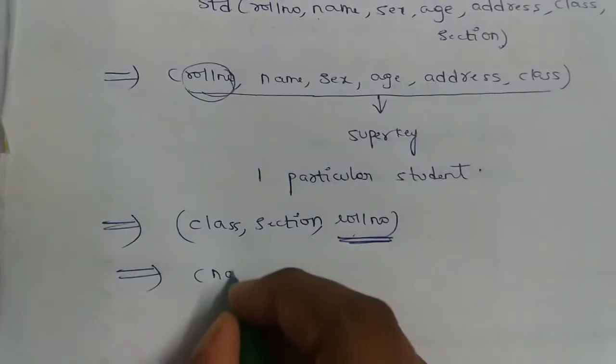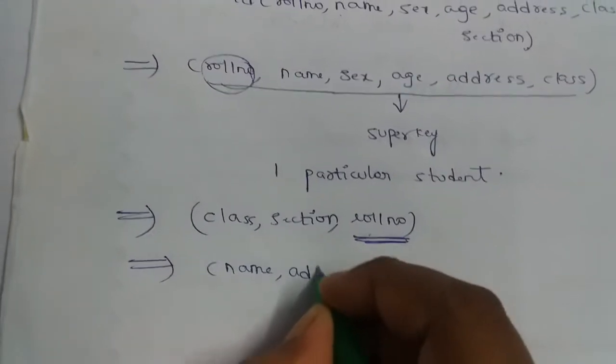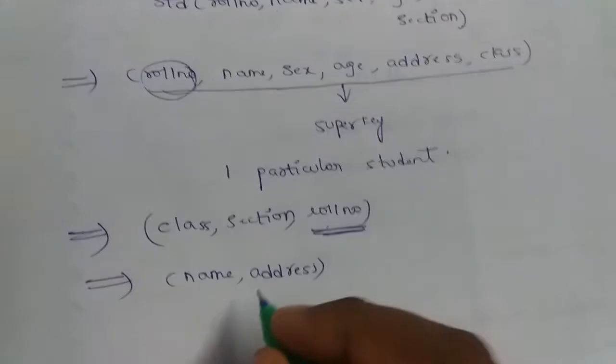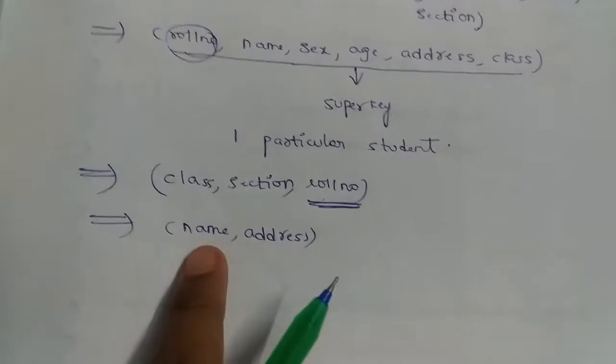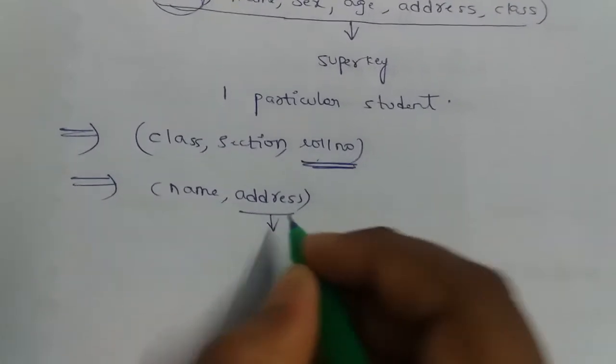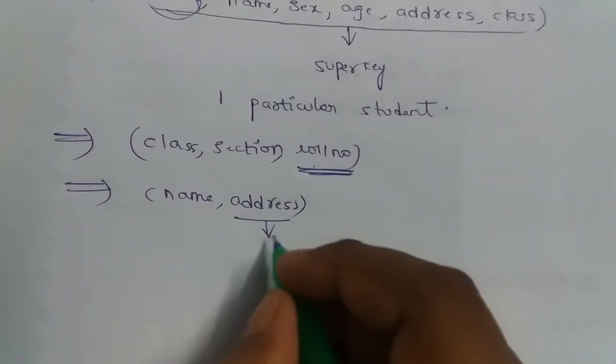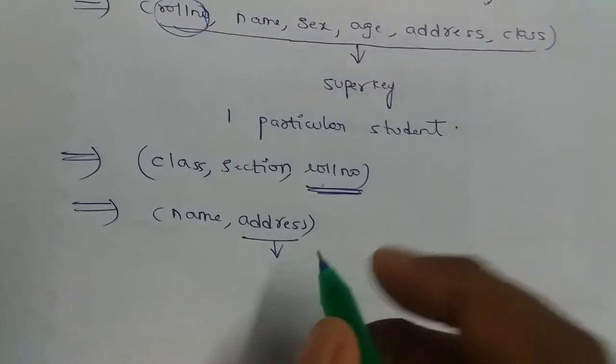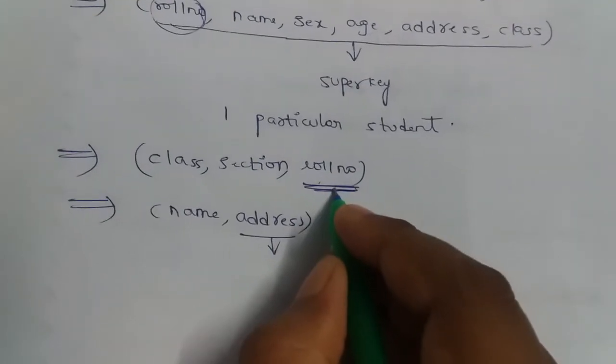Now take name and address. This is also a super key. By using address, we can identify one particular student, even though we don't take roll number.